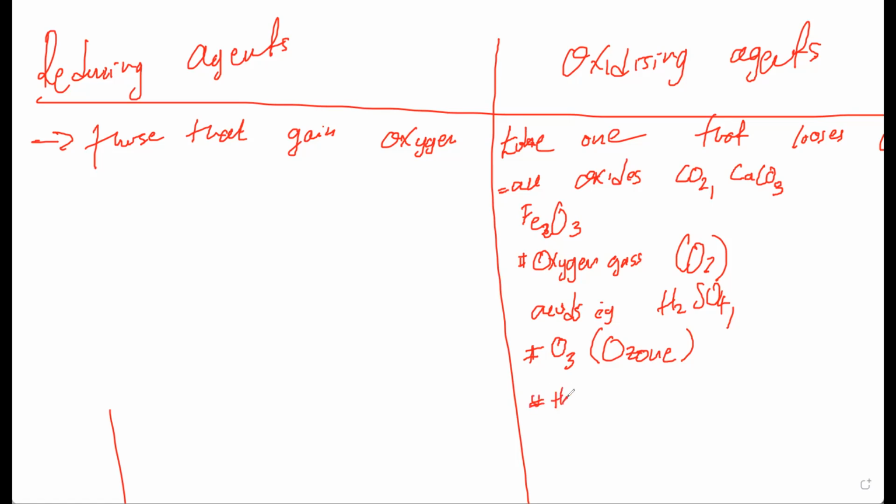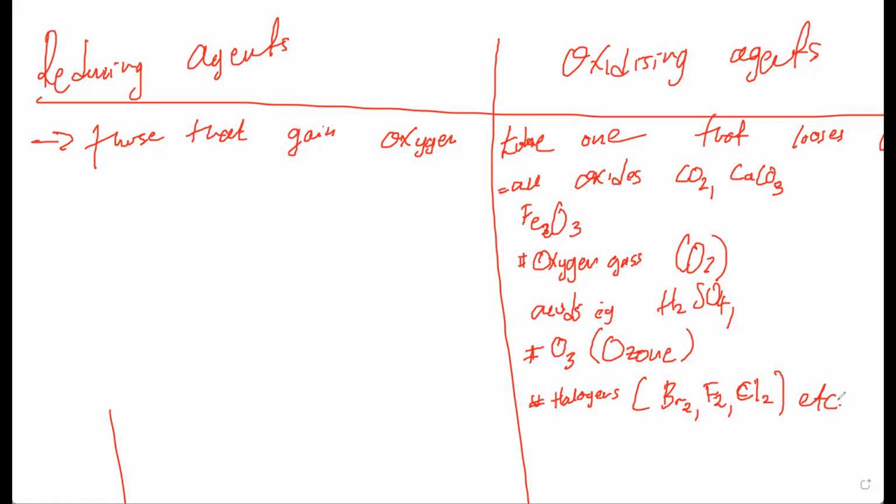Can you give me examples of halogens that you know? We have Br2, which is bromine, and F2, and so on. You get it?